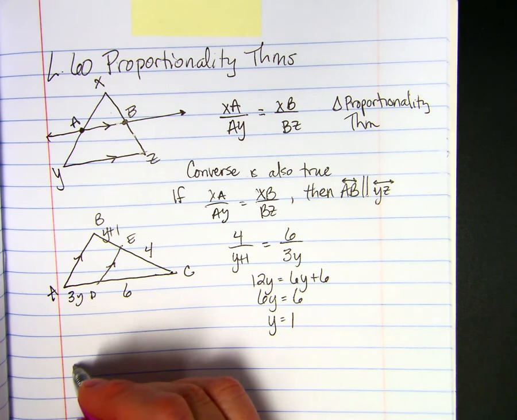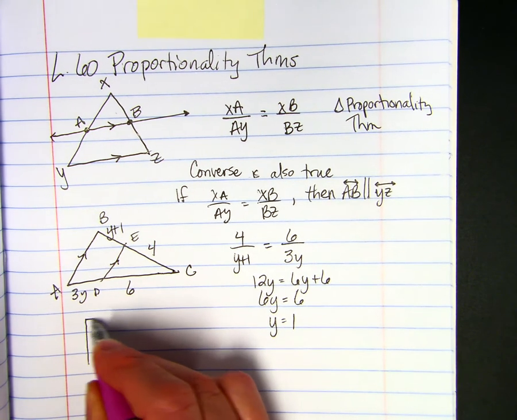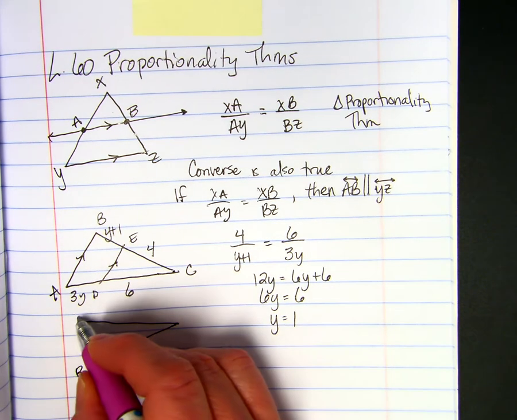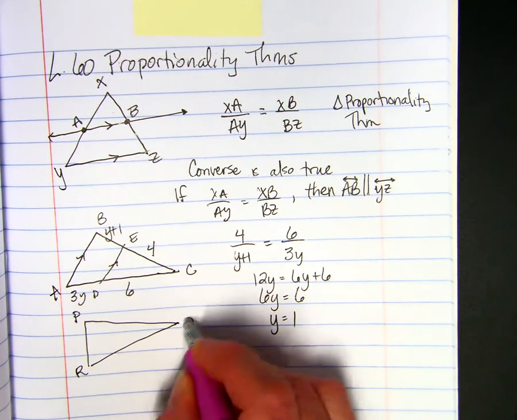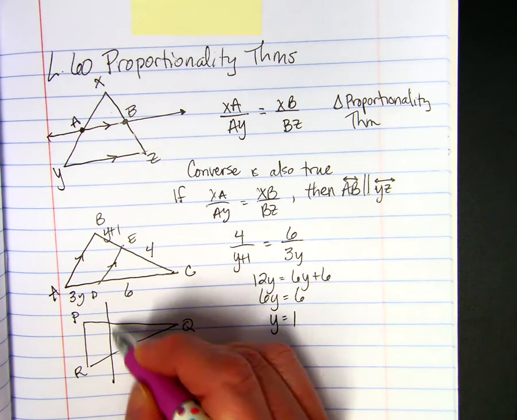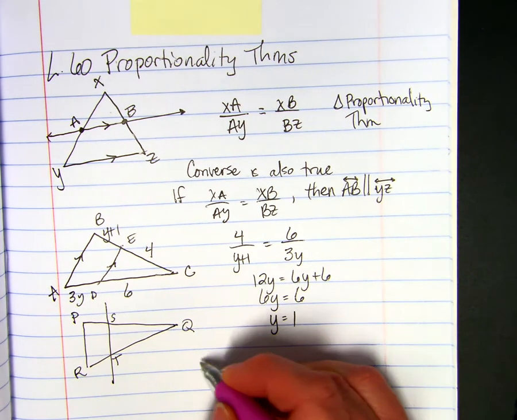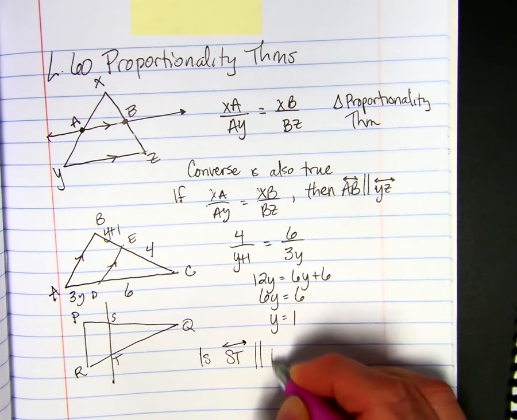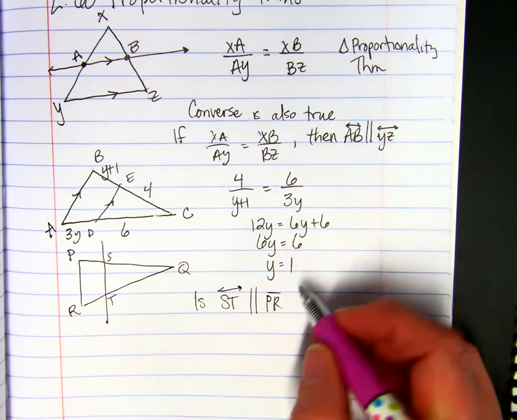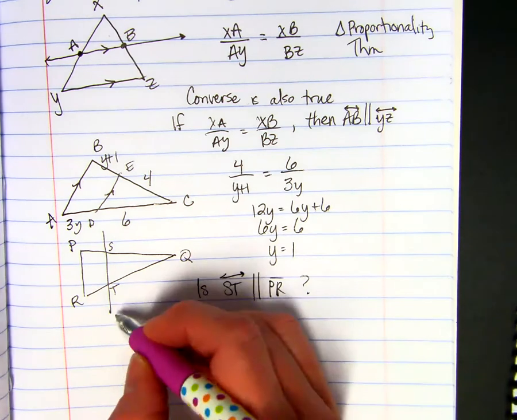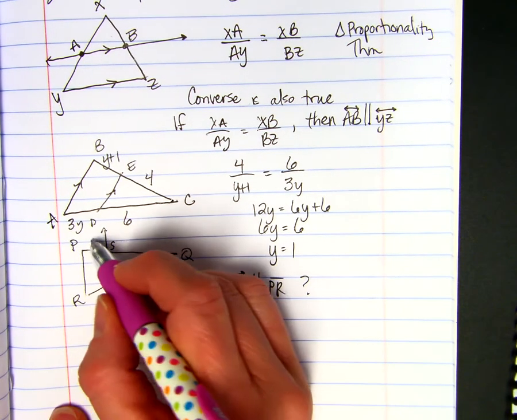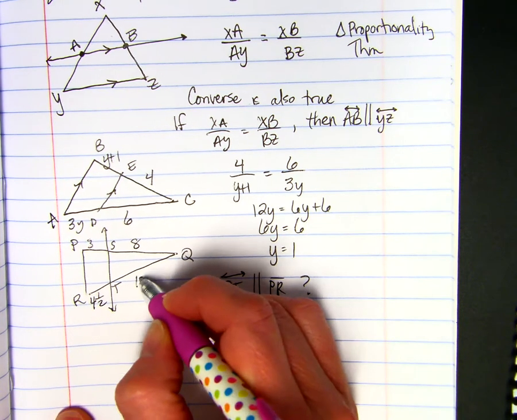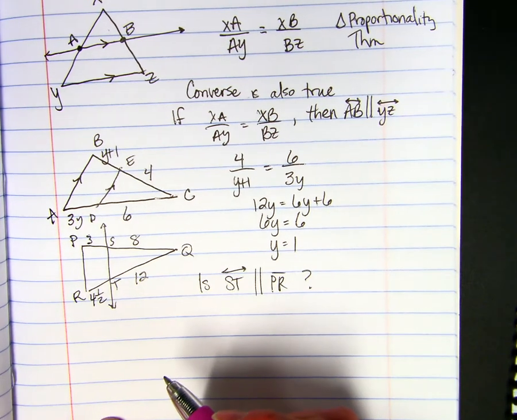And then an example, let's do one where we have to tell if the sides are parallel or not. So is ST parallel to PR? So this is 3, that's 8, this is 4.5, and this is 12. Oh, I can already see that it is.